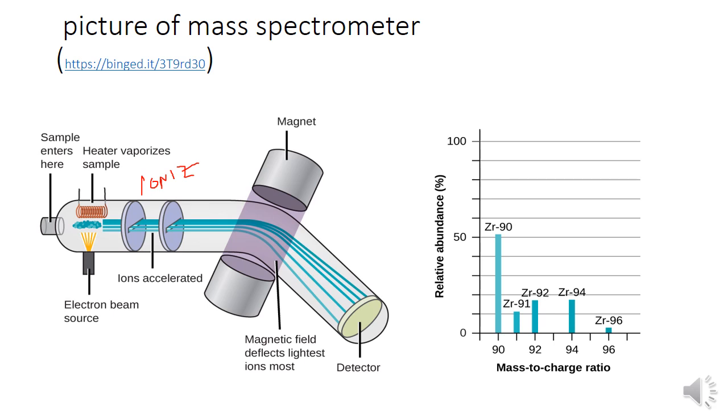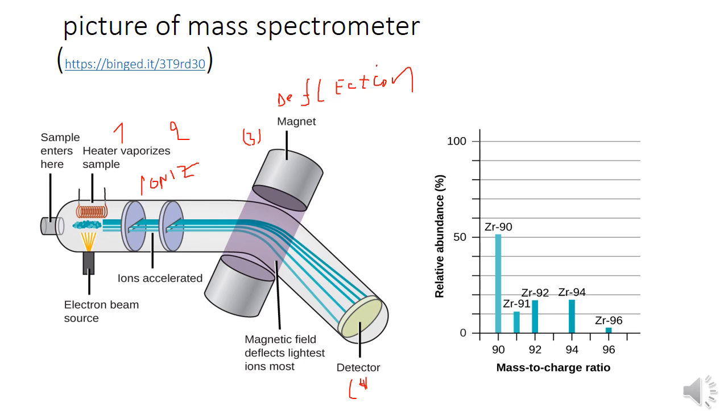Chamber 1 is vaporization, chamber 2 is the ionization chamber, chamber 3 is the diffraction chamber, and chamber 4 is the detection chamber. Then the last one is the recorder.